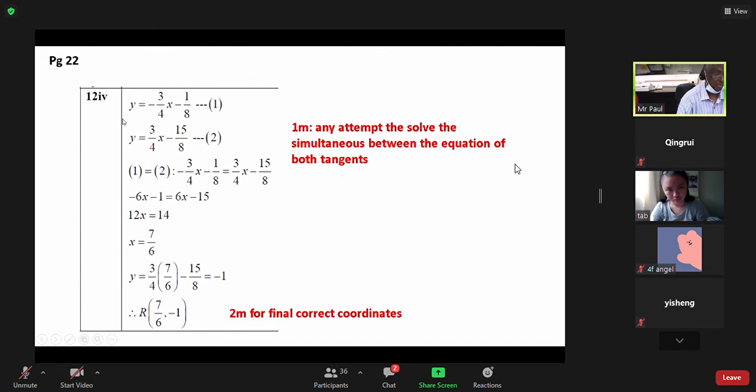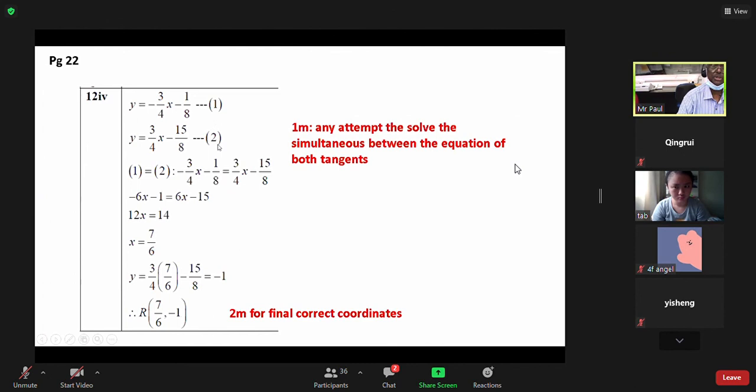If you go to part 2, explain why this line is a tangent. So you went to, yeah, y equals, this one. This was given to you. This is your tangent at P. So you did it all over again, but luckily you get the same answer, so it's okay.